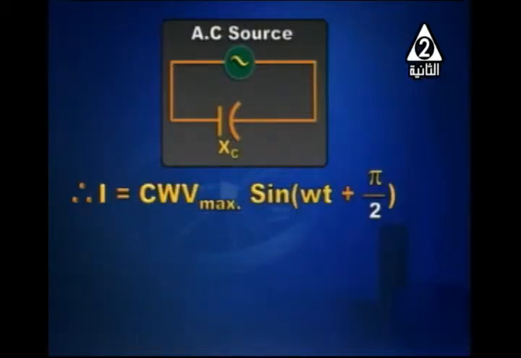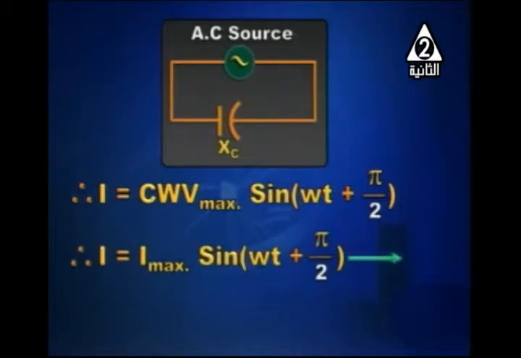Once again, cosine is replaced by sine, so it is omega t plus pi over 2. I equals C omega V maximum sine of (omega t plus pi over 2). So I is equal to I maximum sine (omega t plus pi over 2), and of course, I maximum is equal to the product of C omega V maximum.